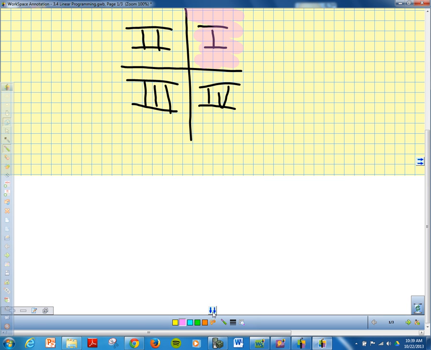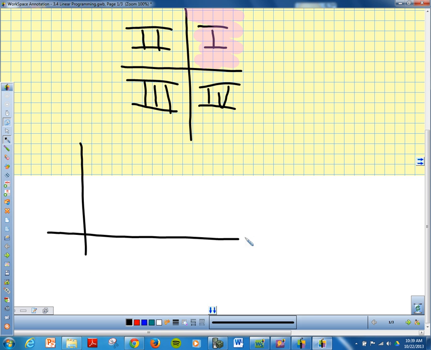Next thing we're going to talk about, we'll just do a rough little graph here. We'll end up graphing 2 lines. Let's say the lines look like this.